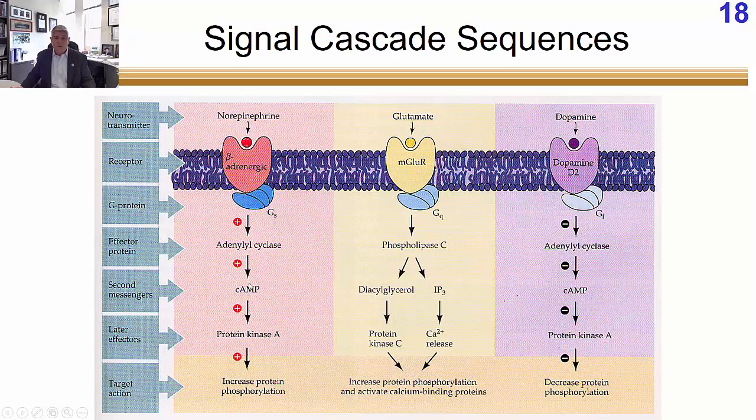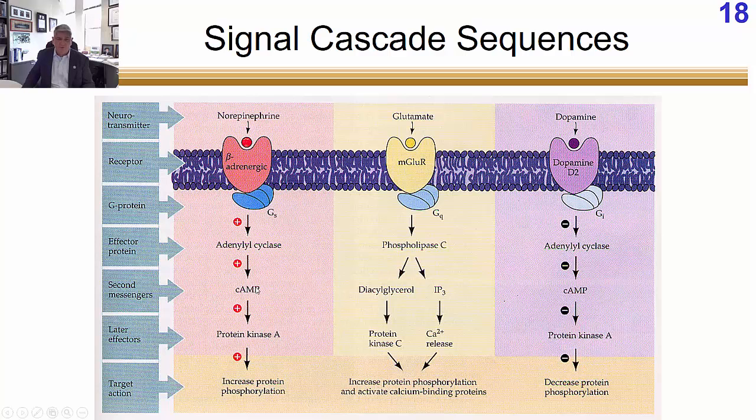So now we're up to 100 cyclic AMP molecules, which in turn then could act on more protein kinase A. So if each of those 100 cyclic AMP create 10 protein kinase A, now we're up to 1,000, right? So we get a small, one neurotransmitter G protein activation resulting in a very big signal sequence due to this cascade.